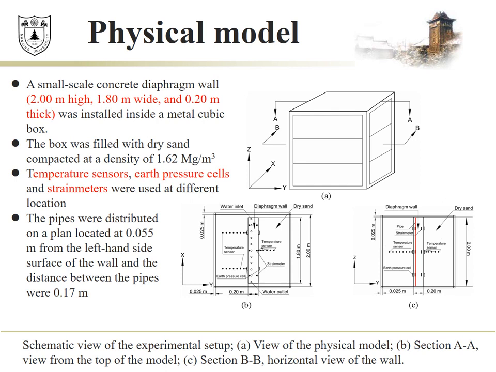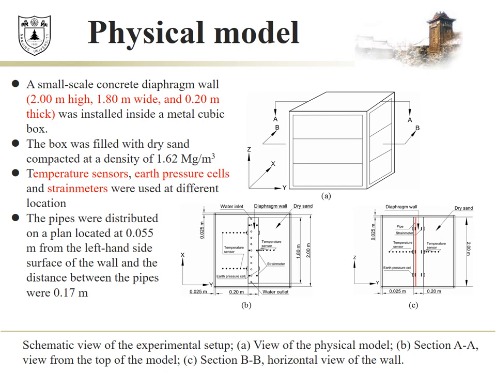The temperature in the soil was measured at various locations situated at 1 meter depth. At this depth, the temperature sensors were distributed in 3 lines, 2 on the left-hand side and 1 on the right-hand side. That allows measuring the soil temperature at different distances from the diaphragm wall surface at the same depth.